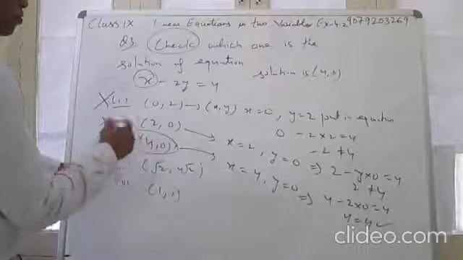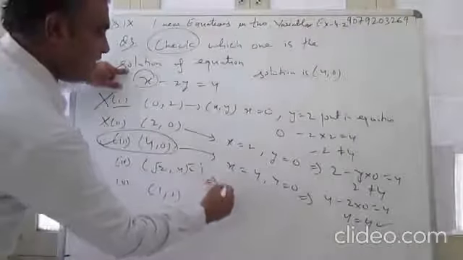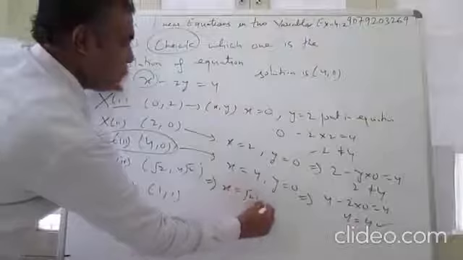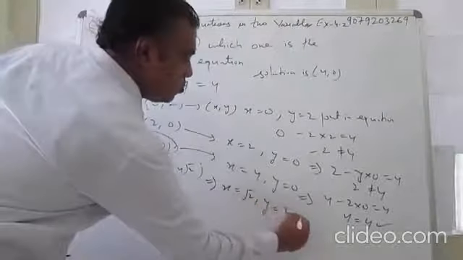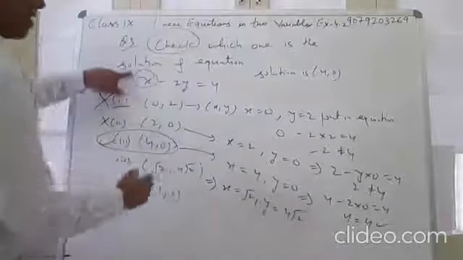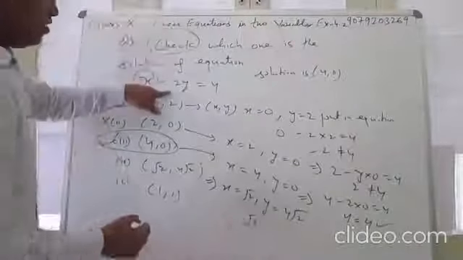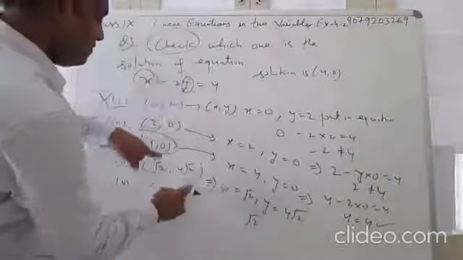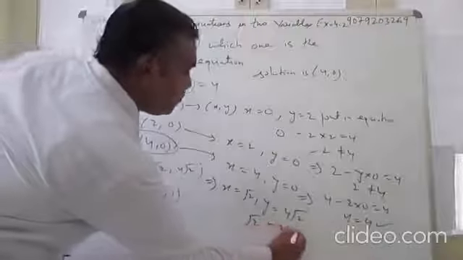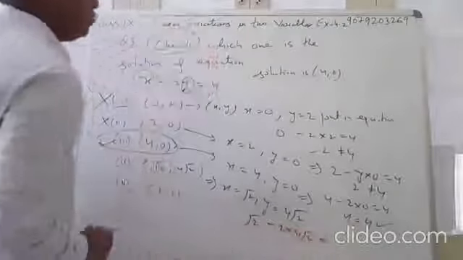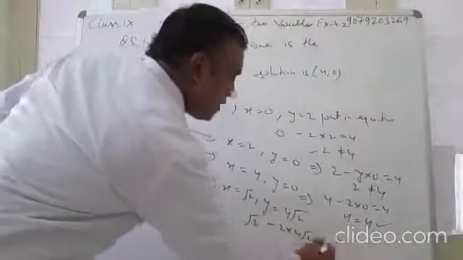Now check this. Root 2, 4 root 2. Here x is equal to root 2, y is equal to 4 root 2. Instead of x you can write root 2, instead of y you can write 4 root 2: root 2 minus 2 into 4 root 2 is equal to 4.